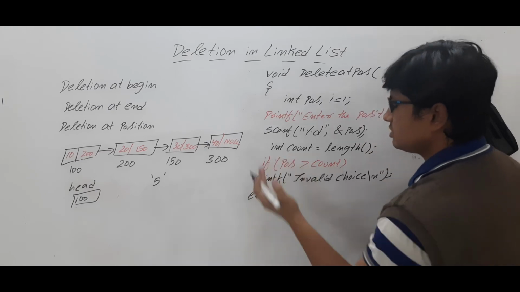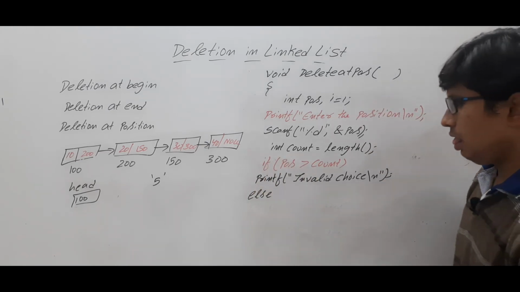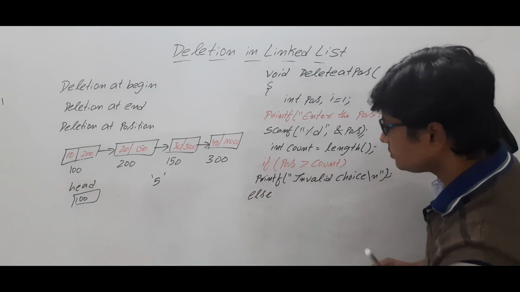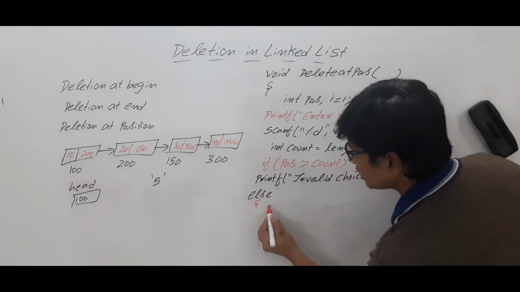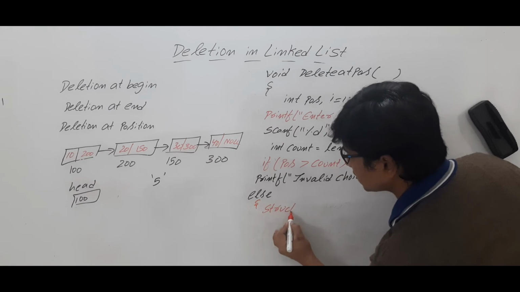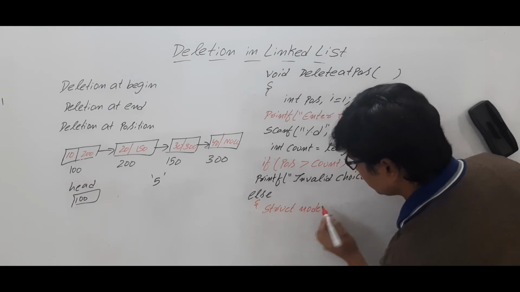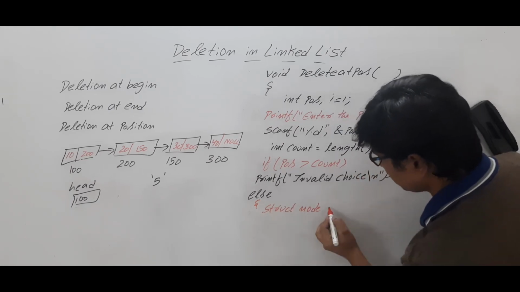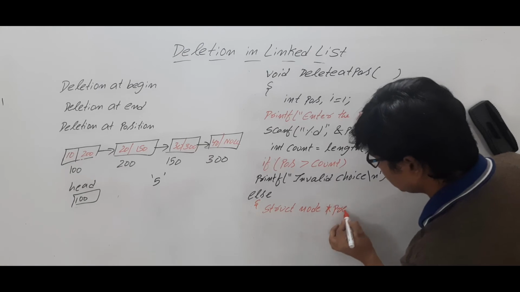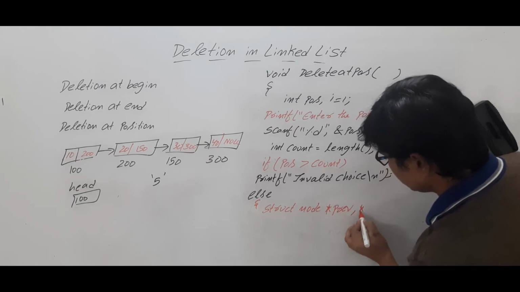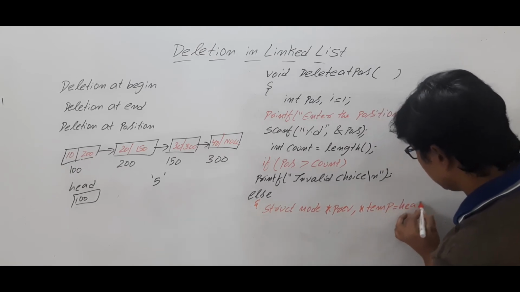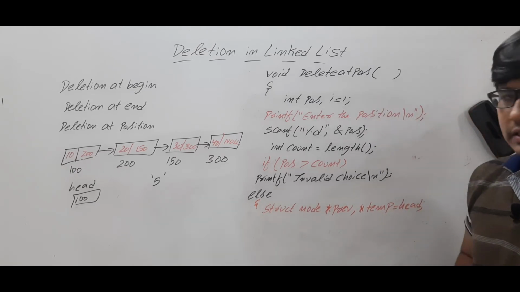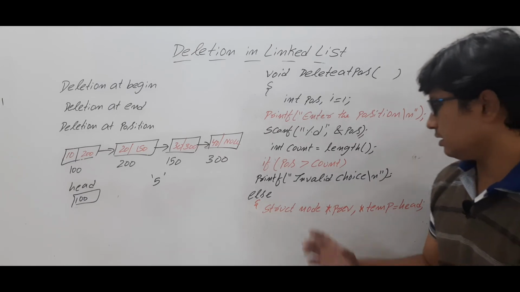Only if this is not the case, what should happen? Now you need to declare two pointers of struct node type: one is previous and another one is temp. You can assign temp equal to head. Are you able to understand it or not?